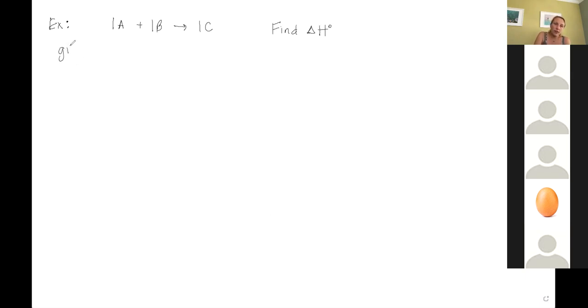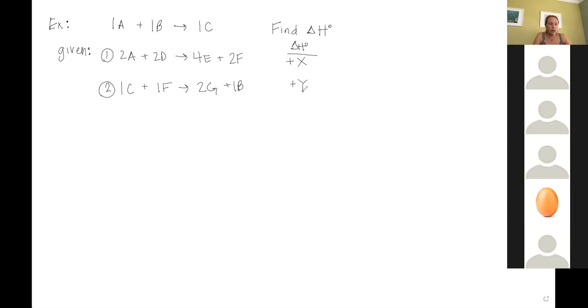And then you would be given something like, given the first equation here, 2 moles of A plus 2 moles of D react to form 4 moles of E plus 2 moles of F, and their delta H at standard temperature and pressure value is some positive value of X. You're also given a second equation, 1 mole of C plus 1 mole of F react to form 2 moles of G and 1 mole of B. And these have some sort of positive value Y. And a third equation where 1 mole of E plus 1 mole of F react to form 1 mole of G plus 1/2 mole of D. And these have some positive value of Z.